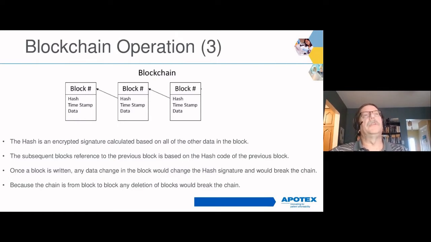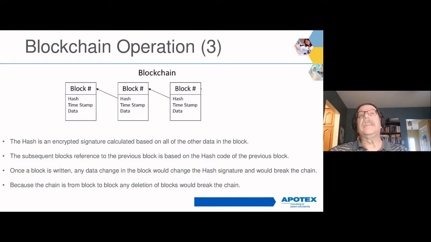And that means that you can very easily tell that someone has been trying to corrupt your blockchain. And that block could be recovered from one of the other systems once the system that had the bad blockchain realized that there was an error in it. That's one of the security items to prevent anyone from actually changing data after it's been written.